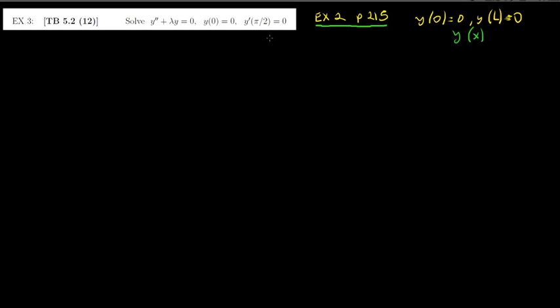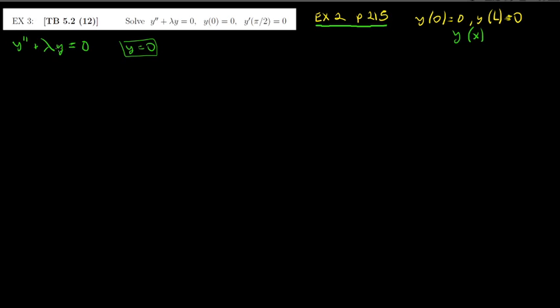So, okay, the issue here is that we're solving the equation y double prime plus lambda y equals 0. So this is a homogeneous equation, all right? Which means you notice that we always get the trivial solution. Y equals 0 is going to be a trivial solution. So that's one answer right away. But that's the boring answer, right? We want to find the non-trivial solutions.